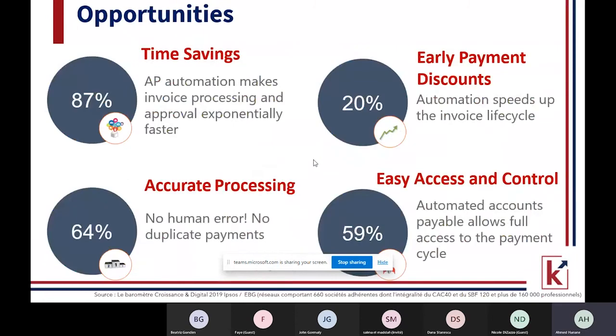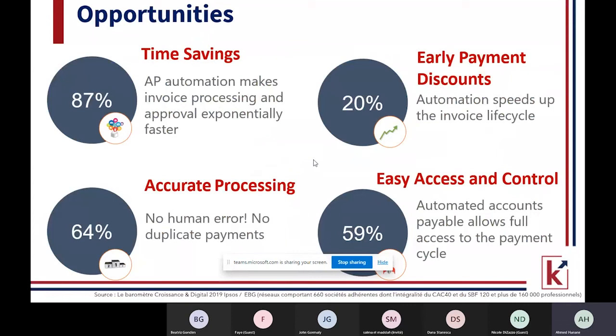So what are some of the stats, just to look at some of the opportunities? We found that people who implement AP automation benefit about 87% from a time-saving perspective. If you're asking where that lies exactly: the time saving is in data keying, because that's automated instead of keying an invoice.